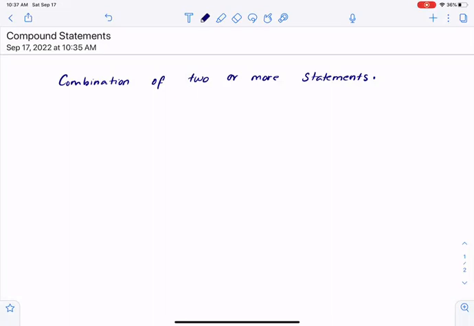The very first compound statement is an AND statement. I'm going to start with an example.